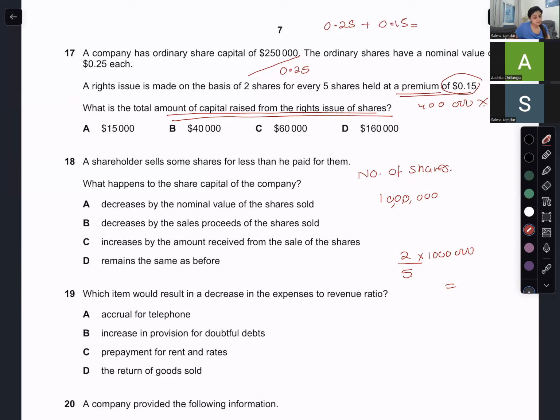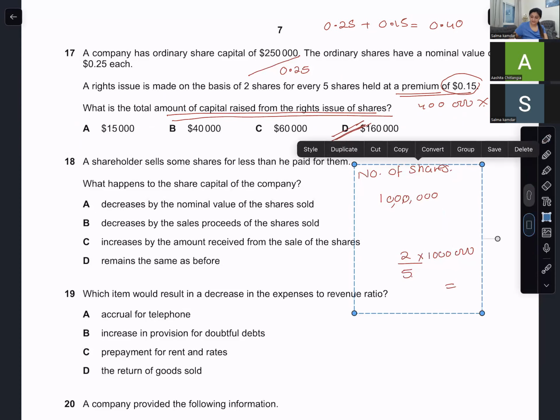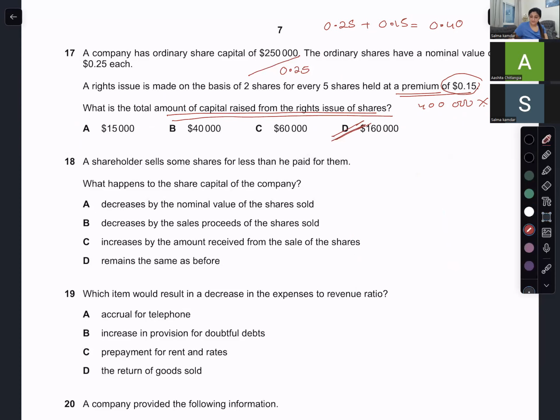So you have to multiply it by 0.40. So how much? 160,000. You have to add both. Face value plus premium, right? Okay, fine. Face value is only 0.25.